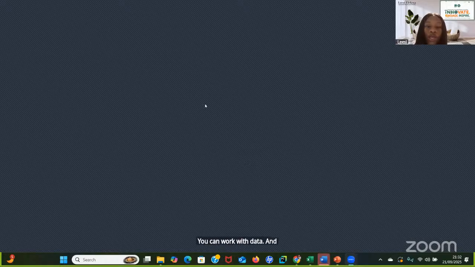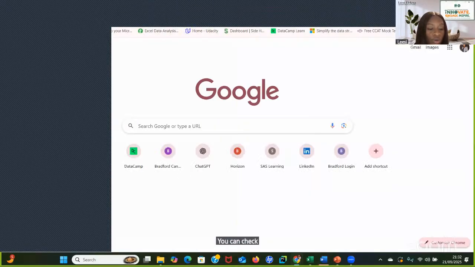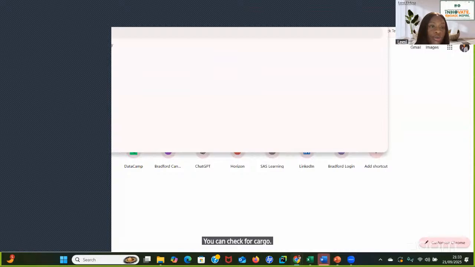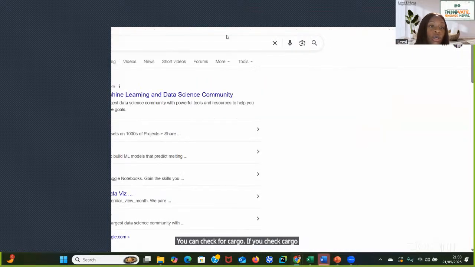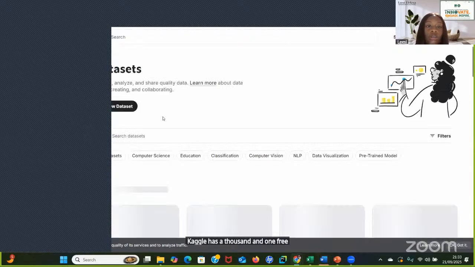And one way you can share your portfolio is getting data online. So you can check Kaggle. Kaggle has 1,001 free data sets.